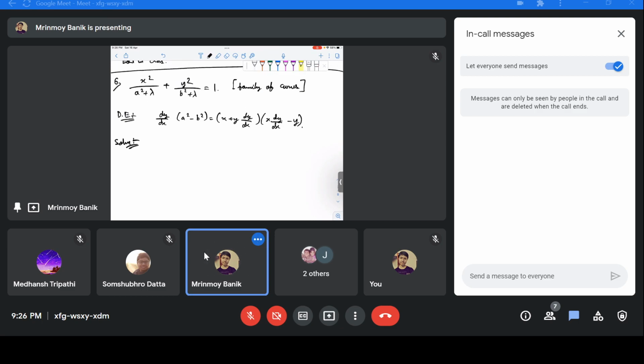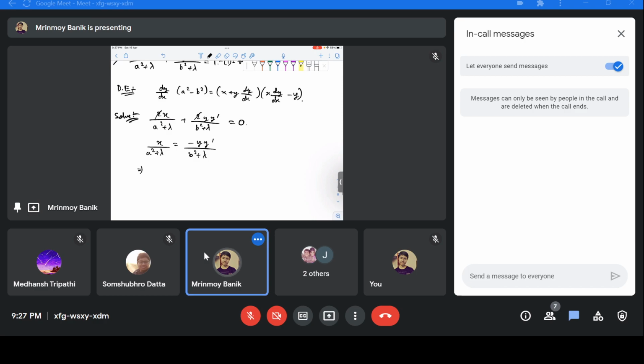So to proceed, let's differentiate it with respect to x. So we get 2x, 2y. Cancelling out 2, we get x over a squared plus lambda equals to minus y y dashed by b squared plus lambda.